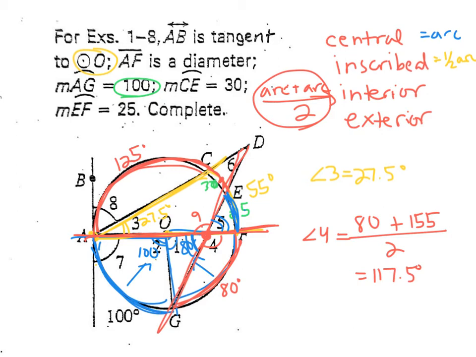And if I were to do that, I'm getting 100 for this arc here, plus this was my 25-degree arc. Divide that by 2, 125 divided by 2 is in fact 62.5 degrees. And there's the supplementary relationship that I was just talking about.